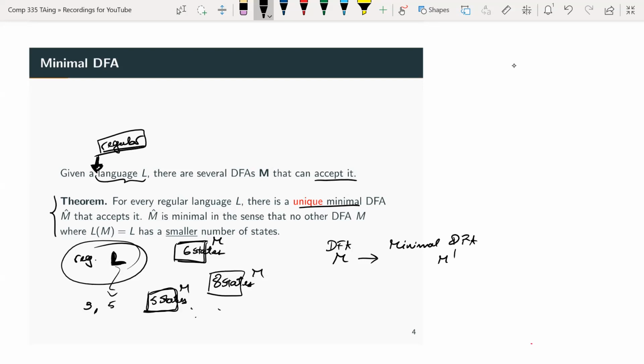Okay, so the converted minimal DFA would be equivalent, meaning that L of M should be equal to L of M prime, but the number of states of M prime should be less than or equal to the number of states of M, okay? Because this is going to be your minimal DFA.